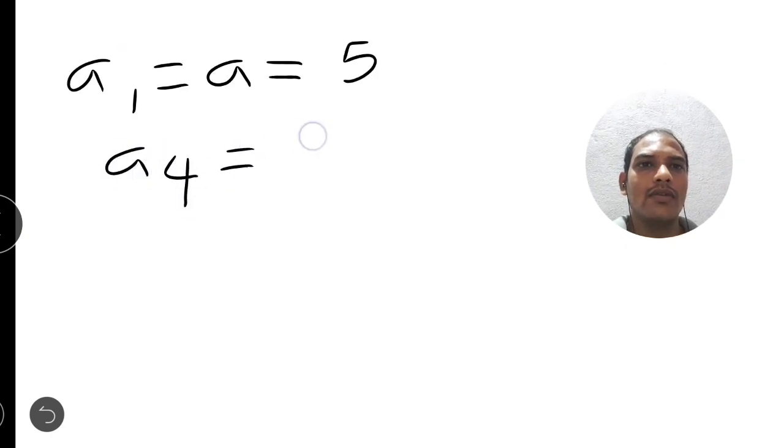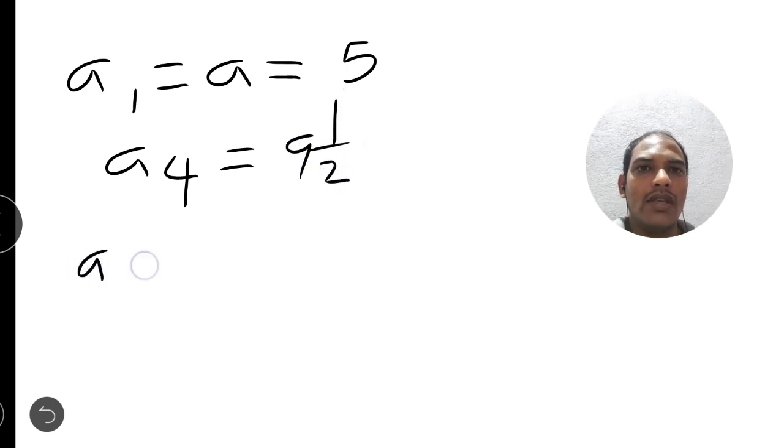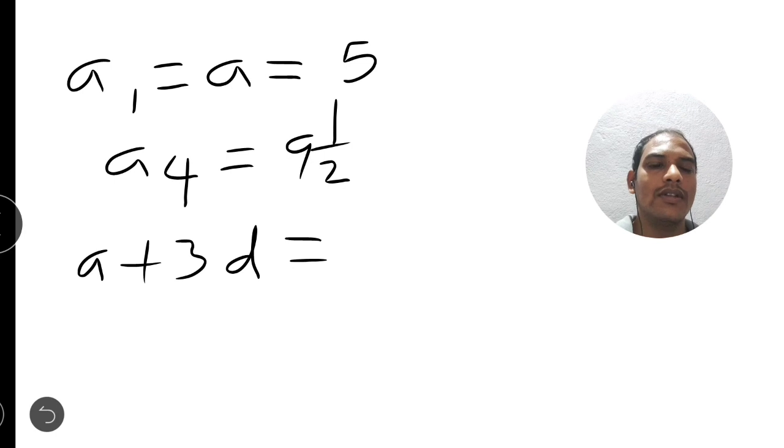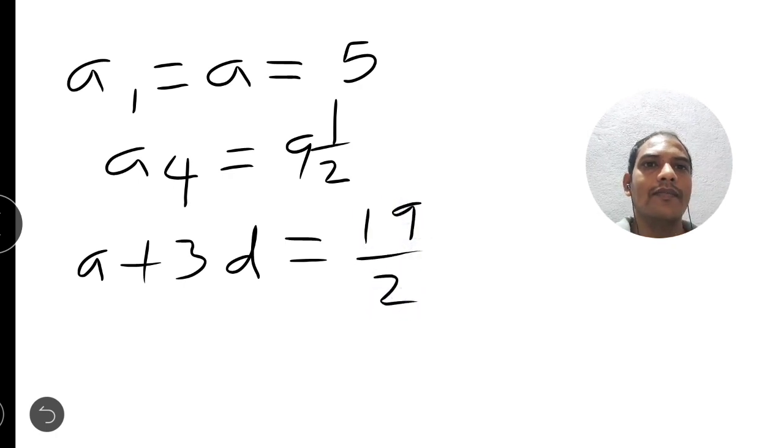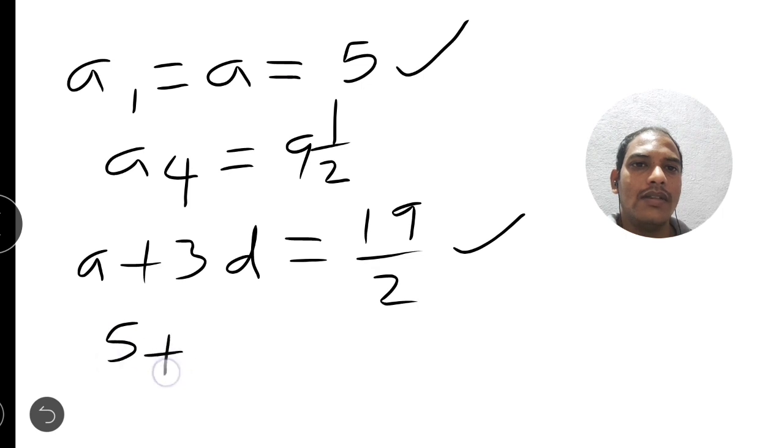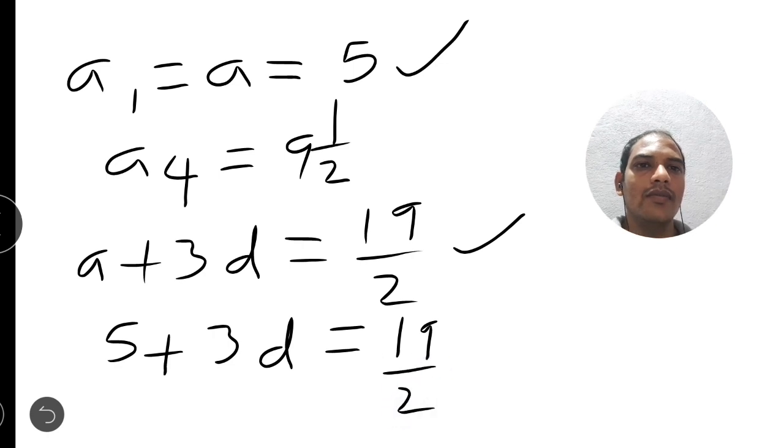A4 means a plus 3d from the general form of arithmetic progression. 9 whole 1 by 2 is a mixed fraction, so convert into an improper fraction: 2 nines are 18, 18 plus 1, 19 by 2. Now substitute a equals 5 in this equation: 5 plus 3d equals 19 by 2.